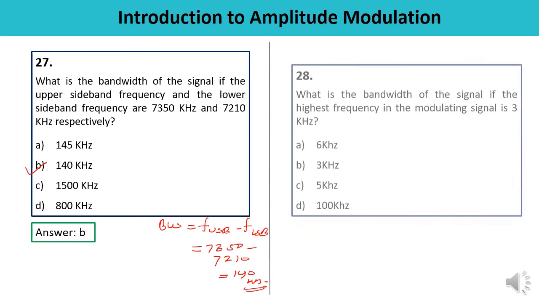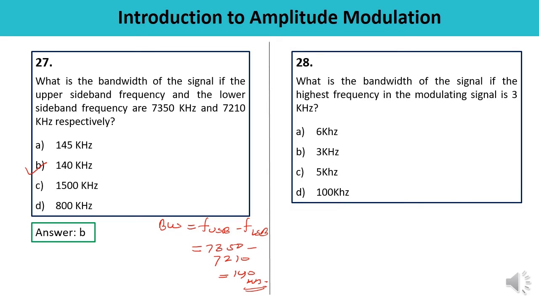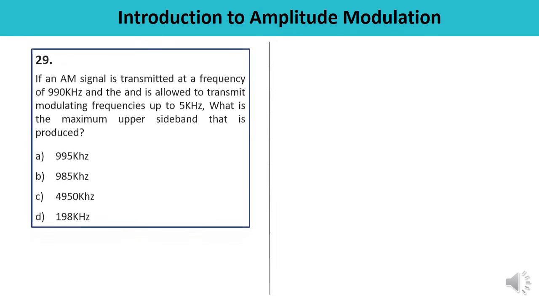Correct one. Next, what is the bandwidth of the signal if the highest frequency in the modulating signal is 3 kHz? So bandwidth is twice FM, 2 FM, and FM is 3 kHz. It means the answer we will be getting is 6 kHz. The correct answer is A. Next question.